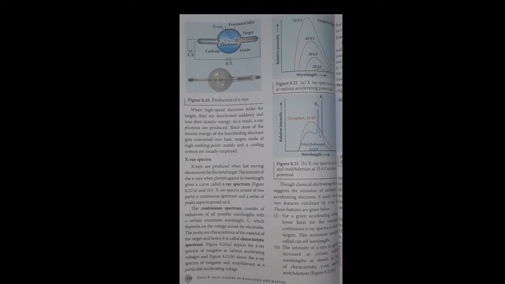So the target material is made of a high melting point metal and a cooling system is applied in the surrounding area. Now let us study the topic continuous X-ray spectra.